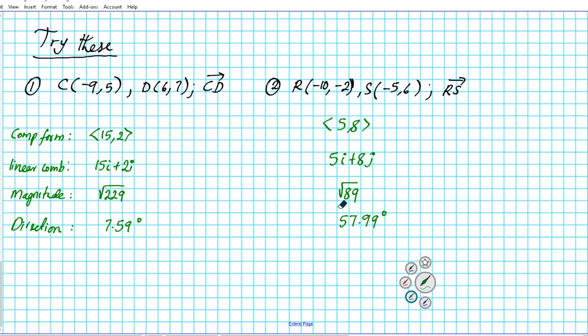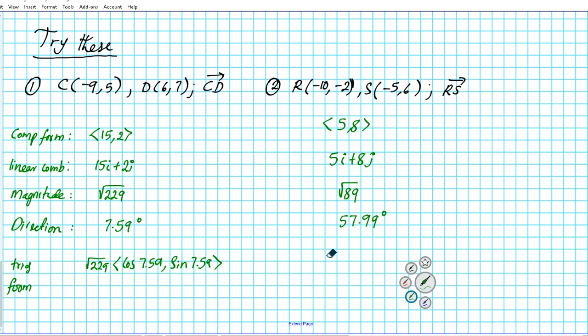Now, one more thing, let's write it in trig form. So in trig form, both of them, I didn't put that down. The trigonometric form for the first one is root 229 cosine 7.59 degrees, comma sine 7.59.